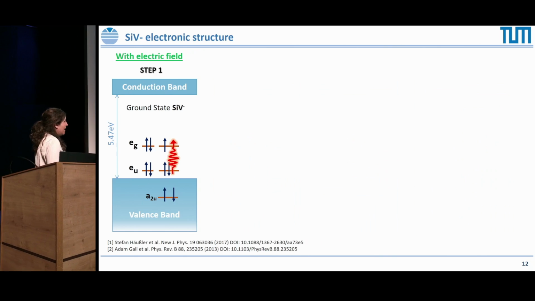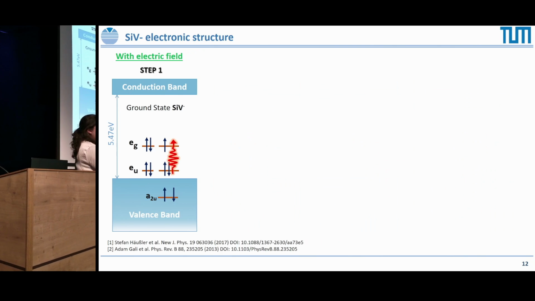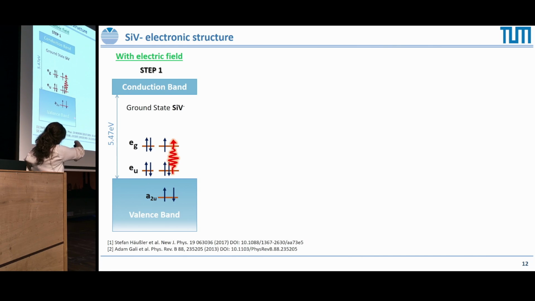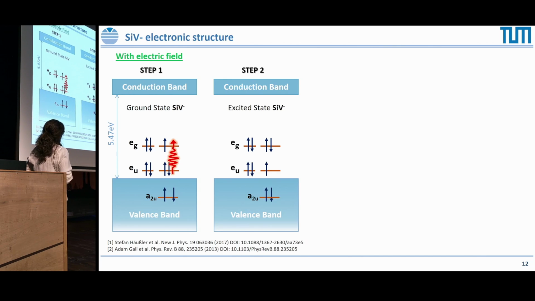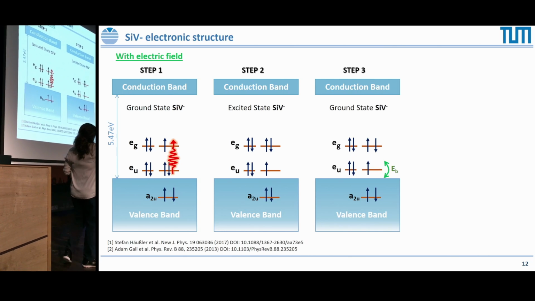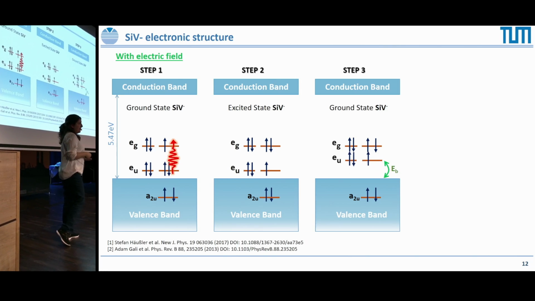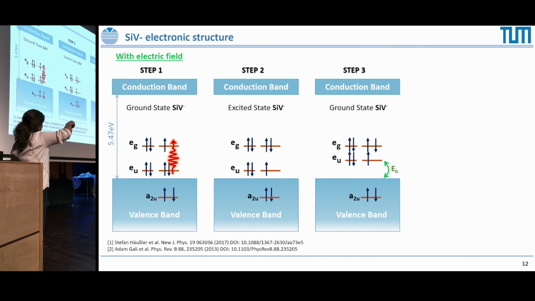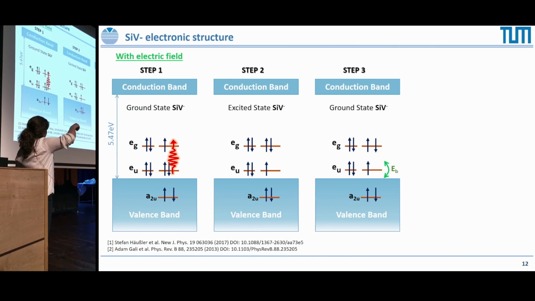So how come the voltage can help us prevent the whole diffusion? Well, what we think is happening is that we are actually modulating the binding energy of our SiV minus, meaning that we are changing the distance between the ground state of the SiV and the top of the valence band.